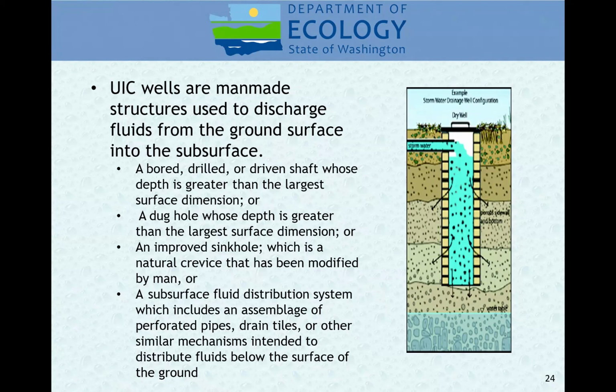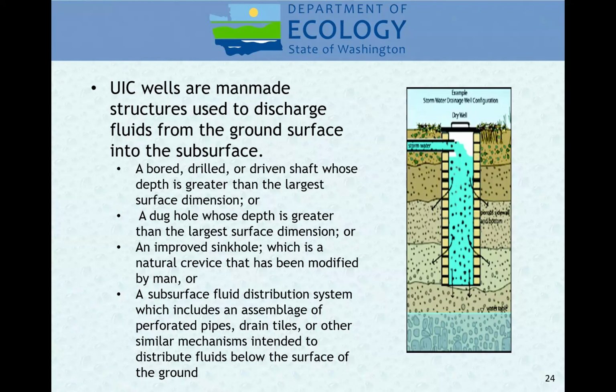If you have a stormwater infiltration pond that is 3 feet deep and it's 50 feet by 50 feet, that's not a UIC because it's not deeper than its largest surface dimension. So you have to look at the size of things. A lot of times you're going to get a 4-foot diameter manhole that's 8 or 10 feet deep. That would be a UIC because it's deeper than its largest surface dimension.